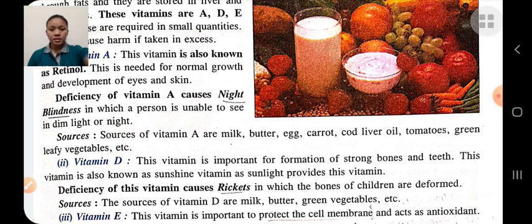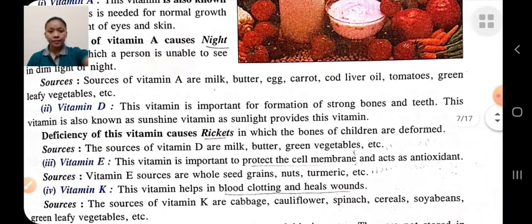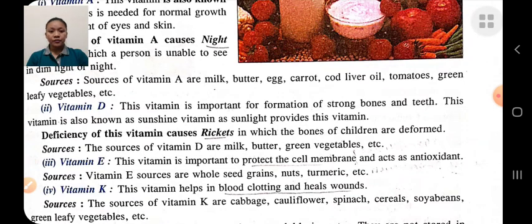Next is vitamin D. Vitamin D is important for formation of strong bones and teeth. Vitamin D helps in formation of strong bones and teeth. It is also known as the sunshine vitamin, as we get vitamin D from the sunlight.